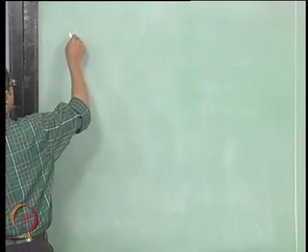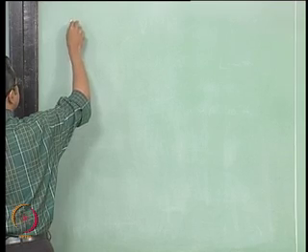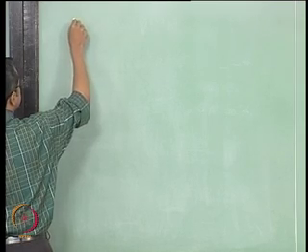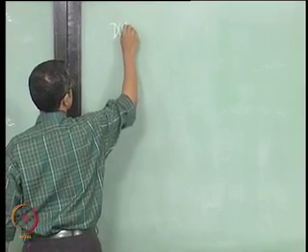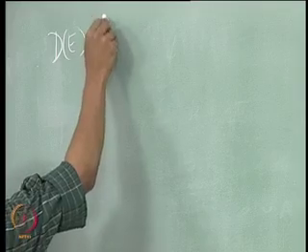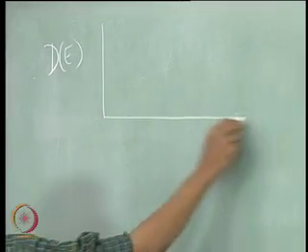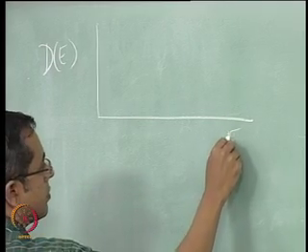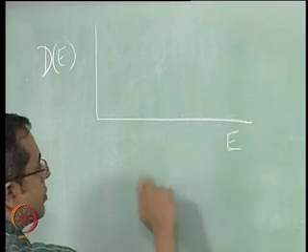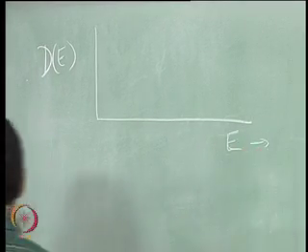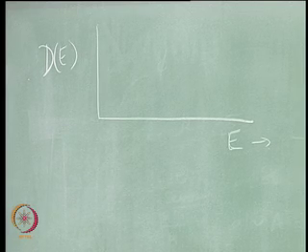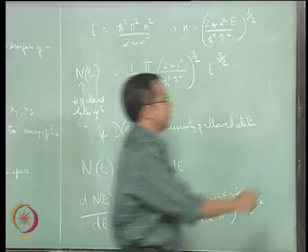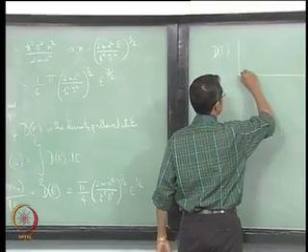So now if you plot d of E versus E, you will get a function whose basic behavior will look like this.